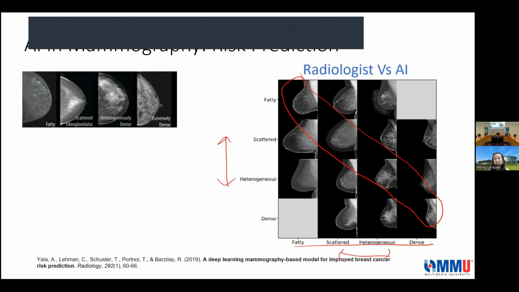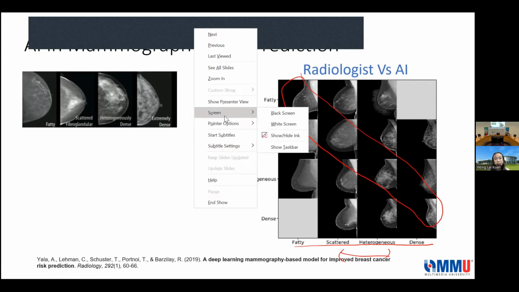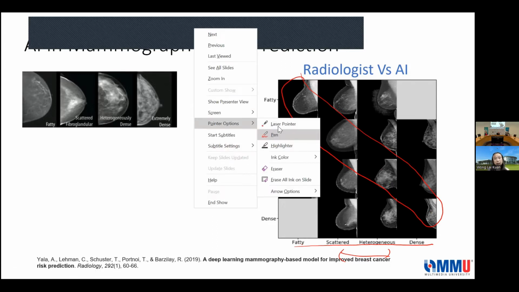Now, which is which? In the middle are all the classifications where radiologists and AI agree, whereas on the other axis is where the AI and the radiologist don't agree.